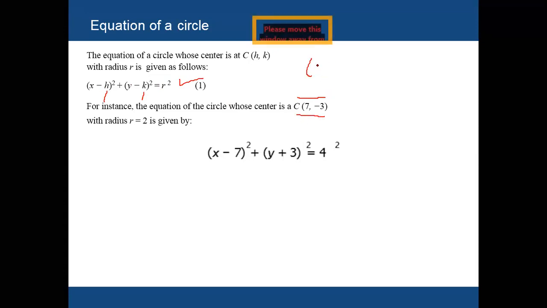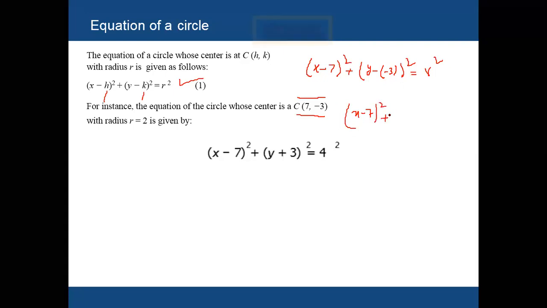We write (x minus 7) whole square plus (y minus, and the value is minus 3, so separately, minus 3) whole square equal to r square. So we have (x minus 7) whole square plus (y plus 3) whole square equal to r square.